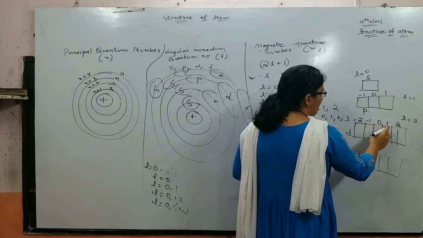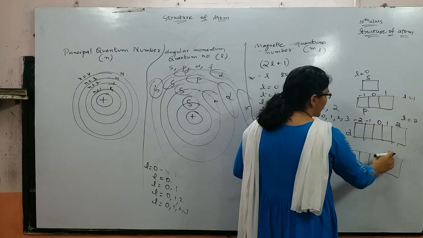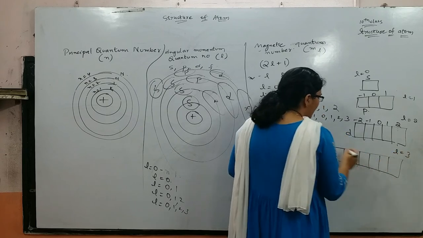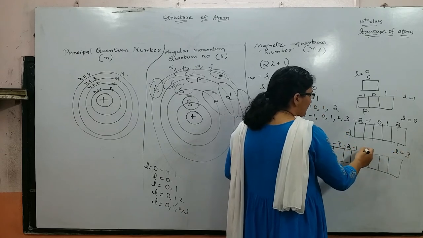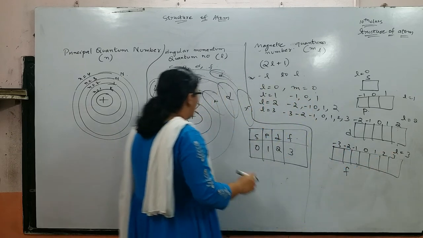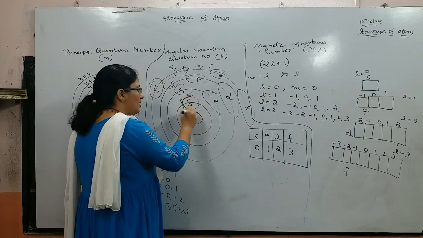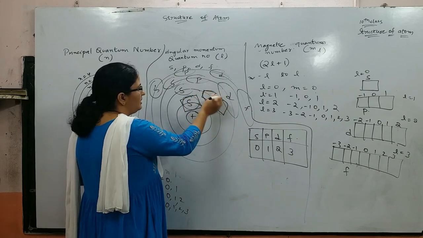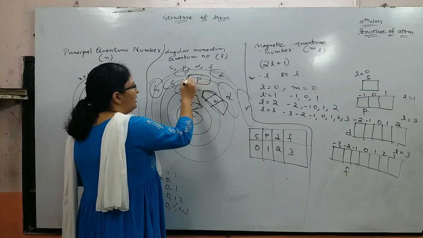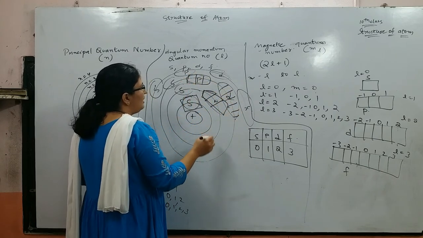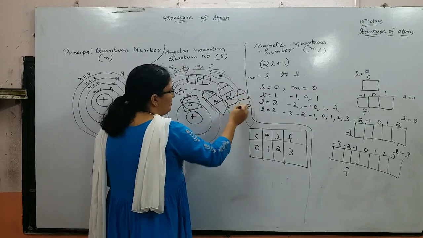When L is equal to 3, you have minus 3, minus 2, minus 1, 0, 1, 2, 3 as the orbitals. Now, here S has got 1 orbital, P has got 3 orbitals, D has got 5 orbitals and F has got 7 orbitals.